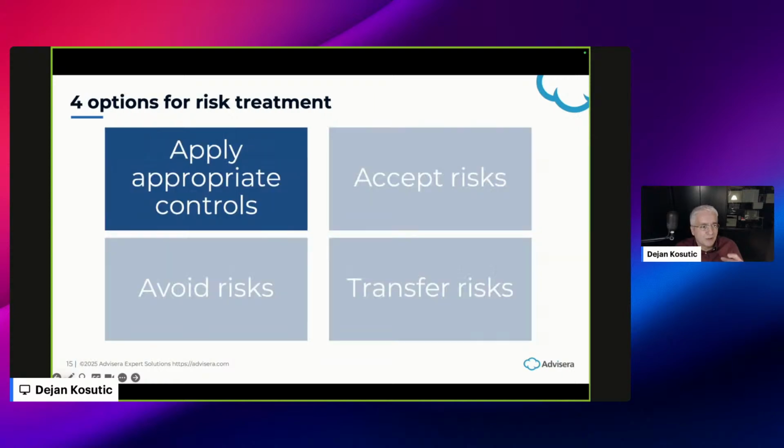So once you define this threshold of unacceptable risks, then you move on into the risk treatment phase, and there you typically have 4 options. These are not all the options, but these are the most common ones. Of course, applying appropriate controls is the most used. This is where you select one or more controls from Annex A. And by the way, you don't have to limit yourself only to Annex A controls.